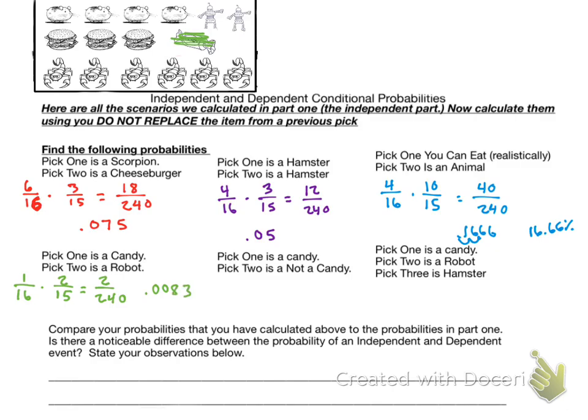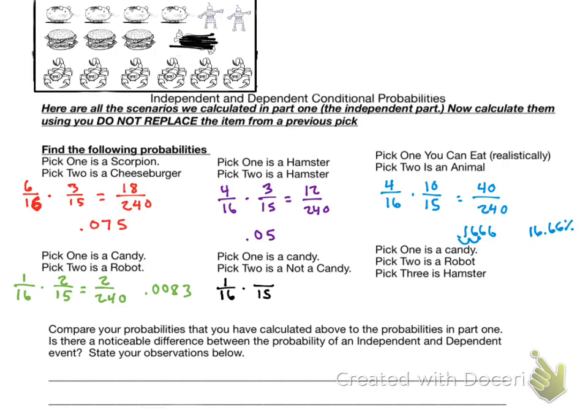Okay. Next one, pick one is a candy. So candy again for pick one. So 1 out of 16 chance times pick 2 is not a candy. So imagine if we pick this out. Now pick 2, which is not a candy. Remember, we have a total of 15.